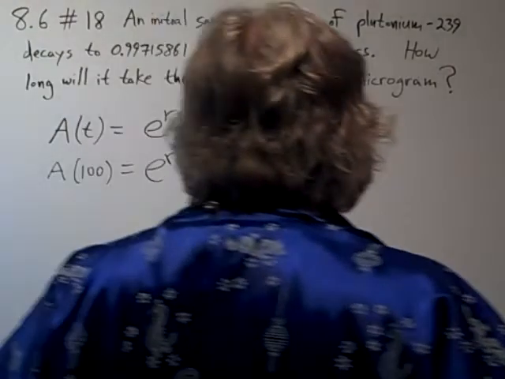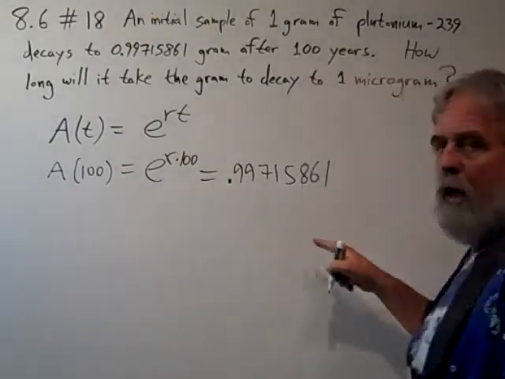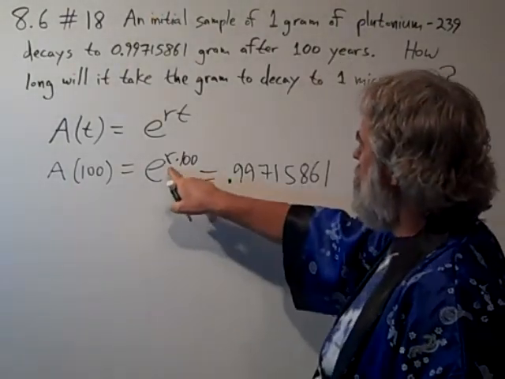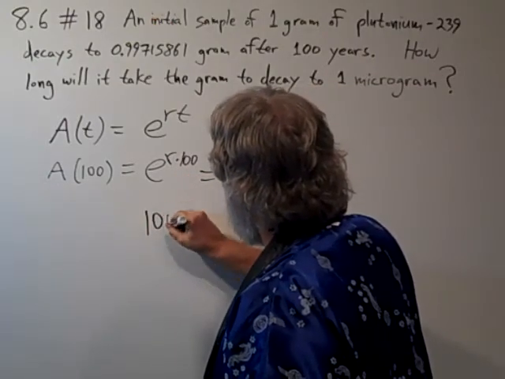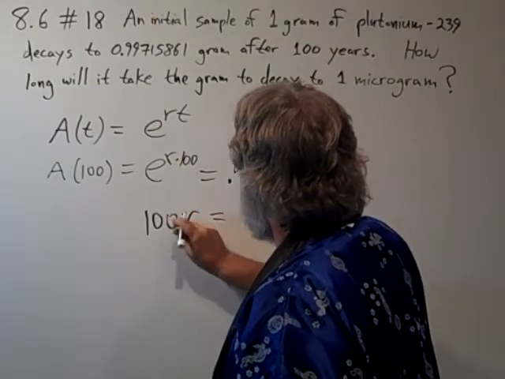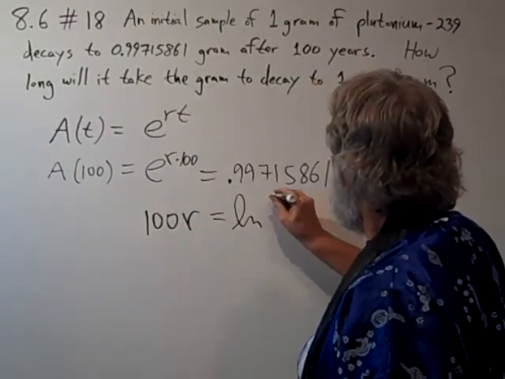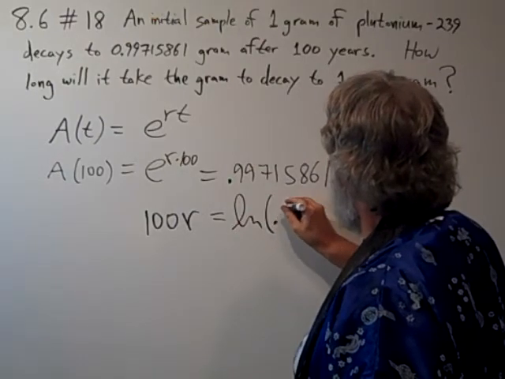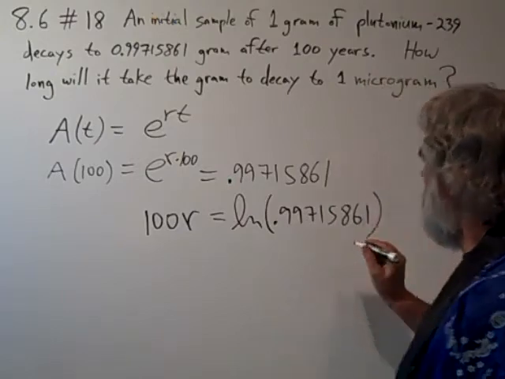And so, if we write this in logarithmic form, or take the natural log of both sides, the natural log of e to the 100r is 100r. And that will equal the natural log of the opposite side, which is the natural log of 0.997156861.